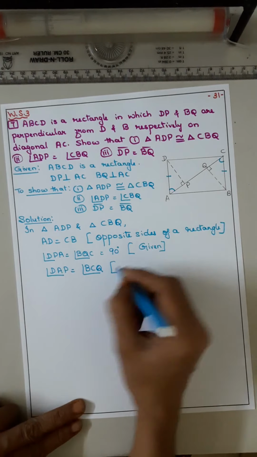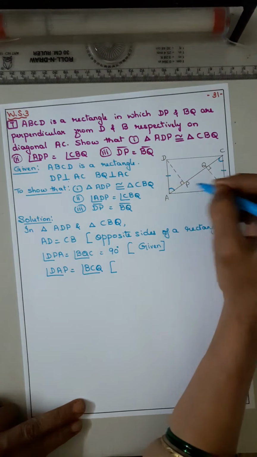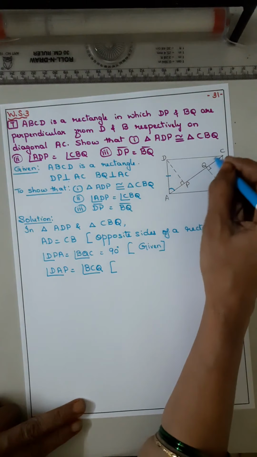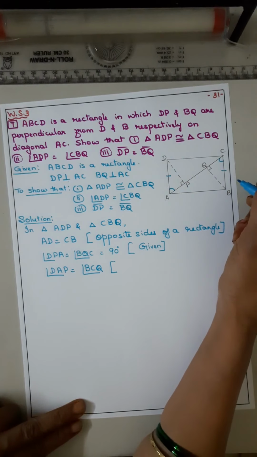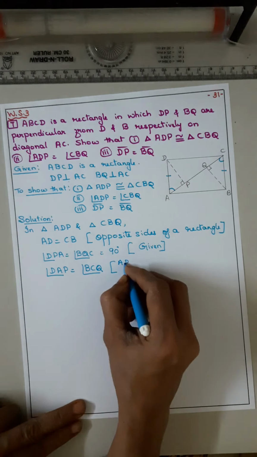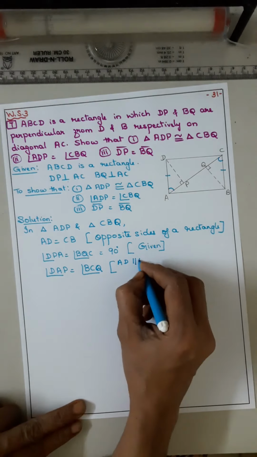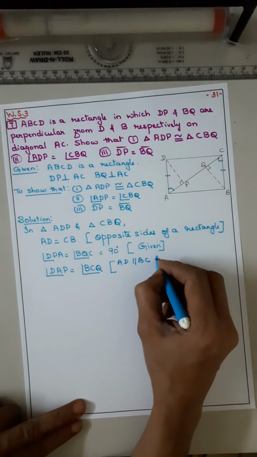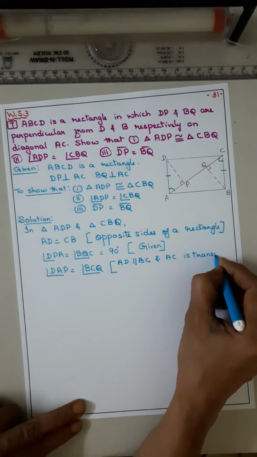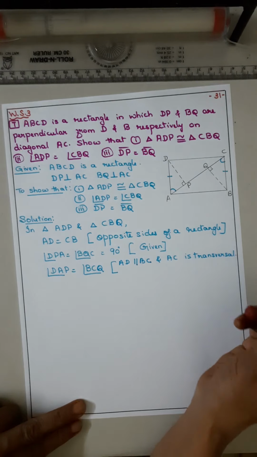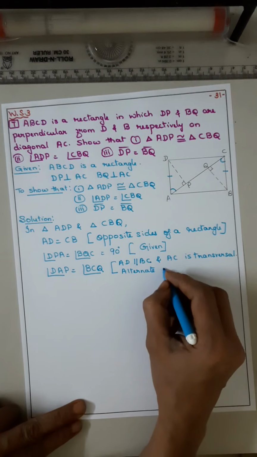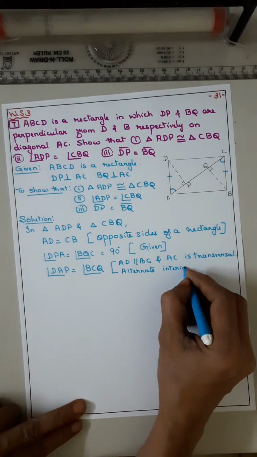Why? DA, AC, CB form a Z shape, that means alternate interior angles. If we see, AD is parallel to BC and AC is the transversal, so these two angles will be alternate interior angles.